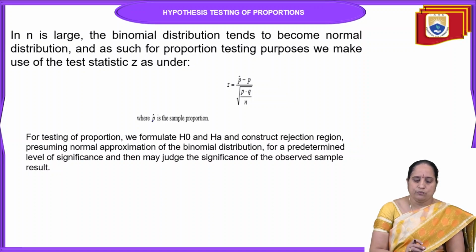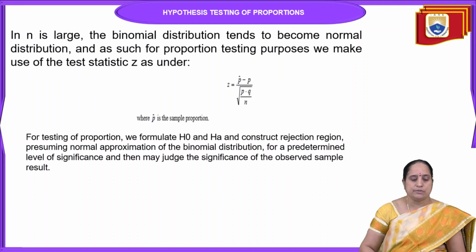For testing of proportion, we formulate HA and H0 and construct the rejection region, presuming normal approximation of the binomial distribution for a predetermined level of significance, and then may judge the significance of the observed sample result.